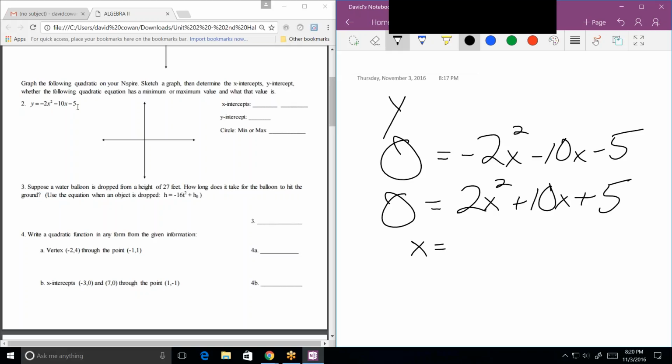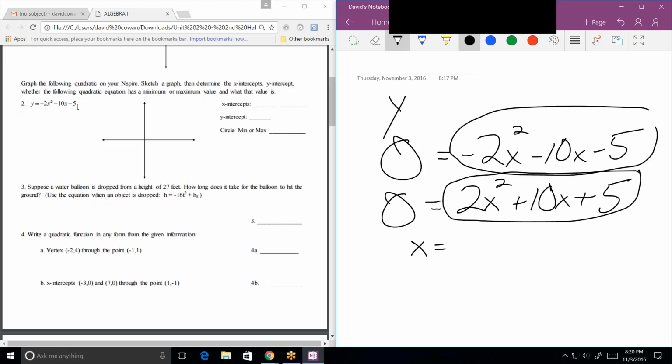And it's okay to use these numbers instead of all of the negative ones. In other words, A is positive 2, B is positive 10, and C is positive 5 when we plug it into the quadratic. We don't have to use negative 2, negative 10, and negative 5.